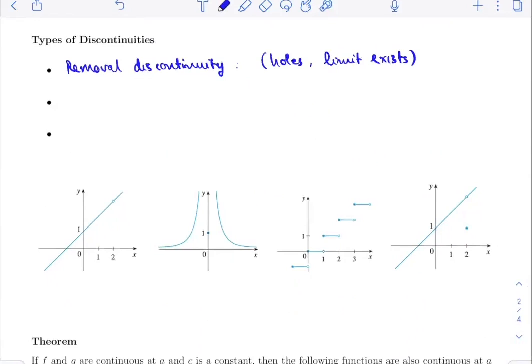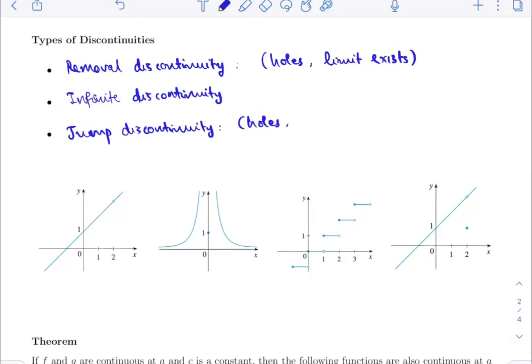The second type is called infinite discontinuity. And the last type is called jump discontinuity. For the jump discontinuity, you can recognize this type when you have some holes, and also at the same time, the limit does not exist at that point.